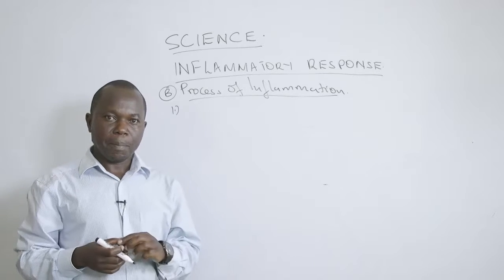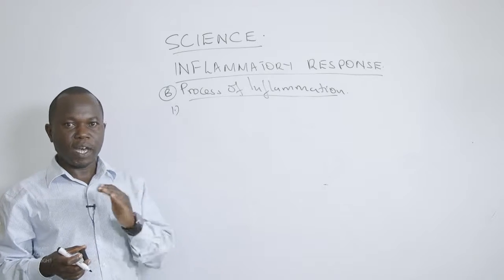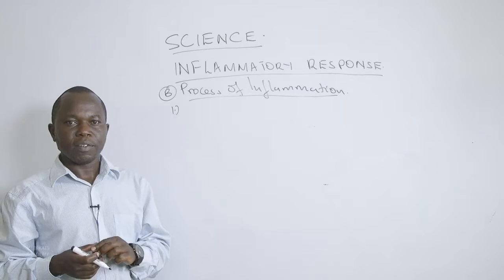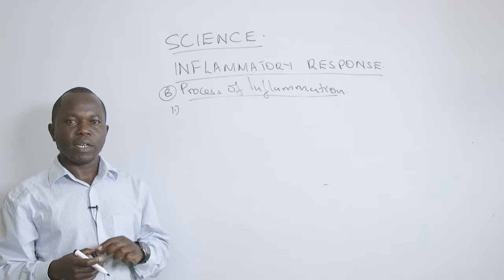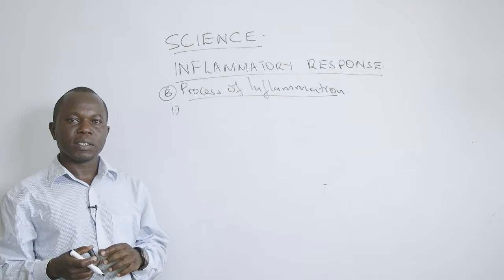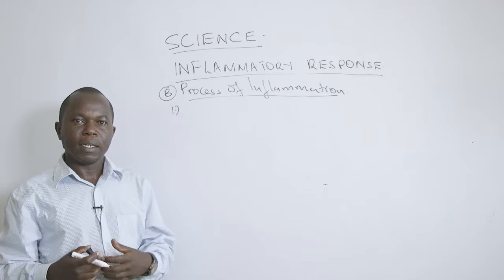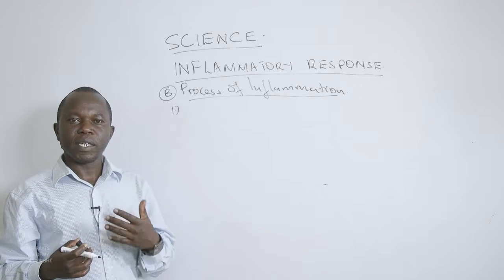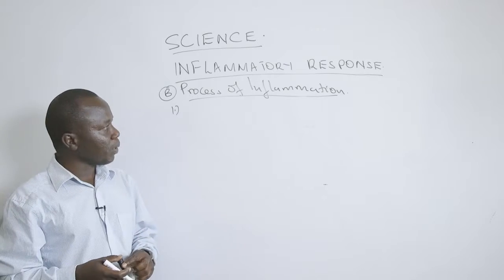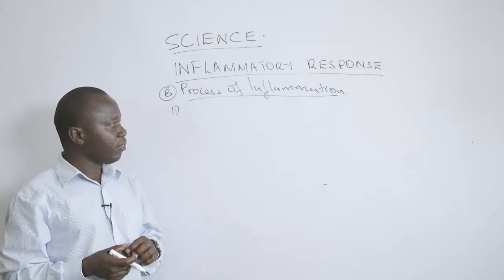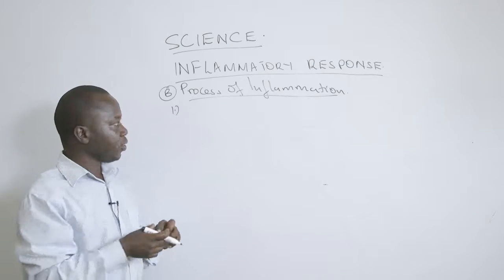The first one is very important. It will start with the presence of a harmful stimulus, for instance a pathogen, an irritant, or damaged cells. Damaged cells could be due to a burn. You have hit your toe on a stone while you're trying to play soccer, if you are playful enough. So you must have the presence of harmful stimuli.